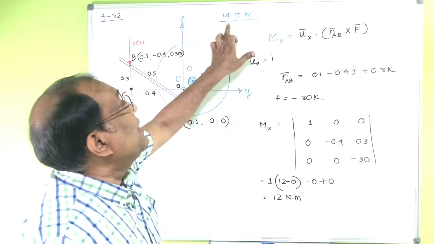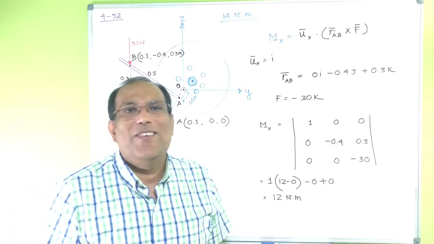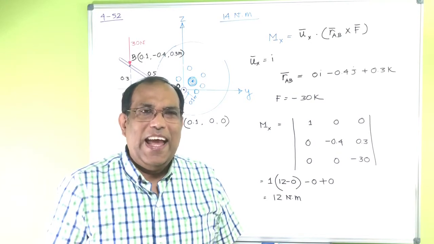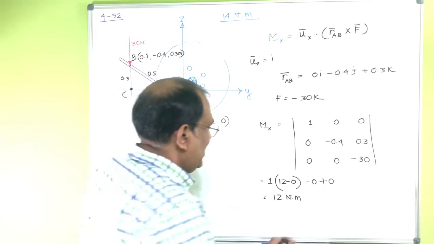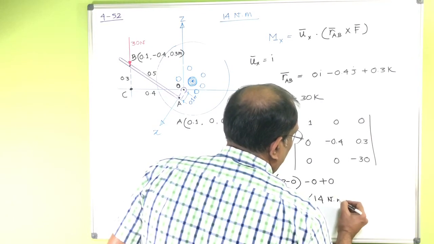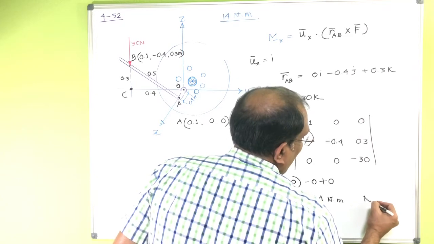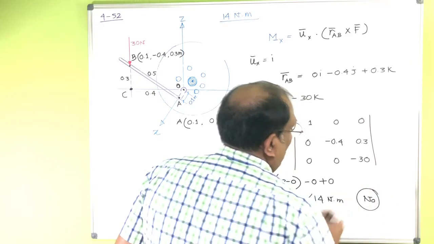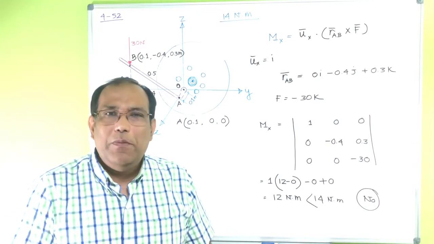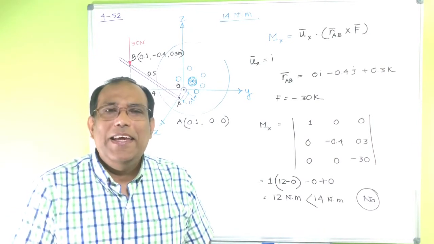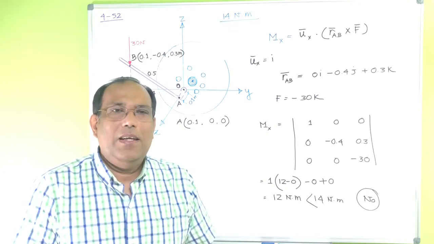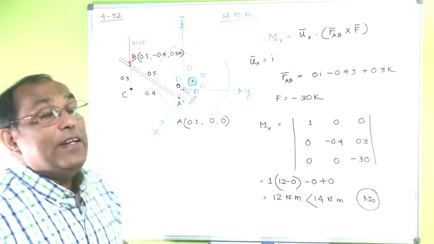On the other hand, you can see this requires 14 Newton meter to loosen it. Since 12 is less than 14 Newton meter, the answer is no, he will not be able to open it with this force. Maybe he has to apply a little more force, or apply it in a different direction.